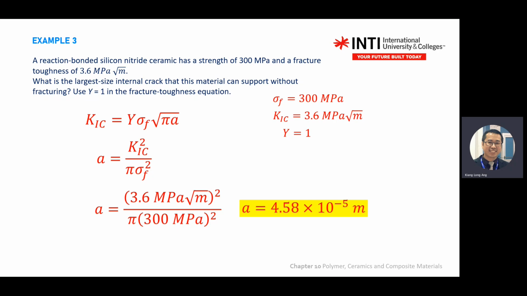What is stress? Stress is force divided by area, so Newton over meter square. Then you have square root. Pi is a number. A is length, and length is meter. So you cancel all the things. Here you have Newton over meter squared, which is Pascal, and here you have square root of meter. So it's a unit.